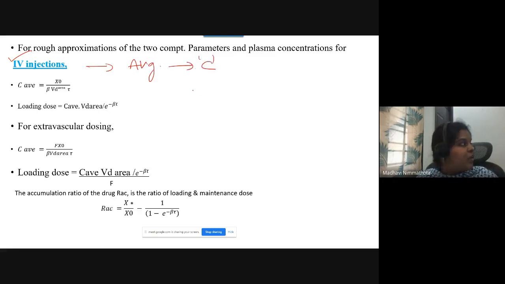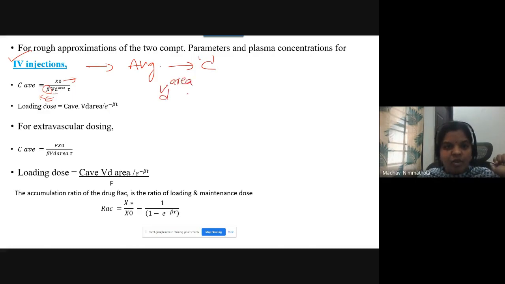C stands for the concentration of a drug in the plasma. So C average is nothing but the initial amount, that is X naught, the initial amount of the drug, divided by beta. Beta is nothing but Ke. Instead of beta you can write Ke also, the elimination rate constant. That is also a correct equation. And then VD area, you can write VD area.